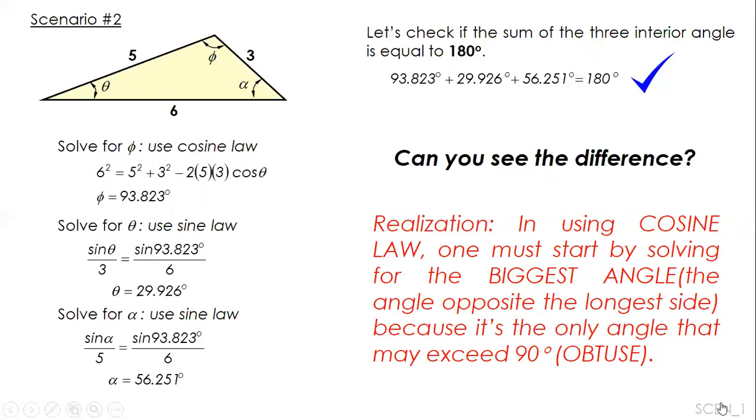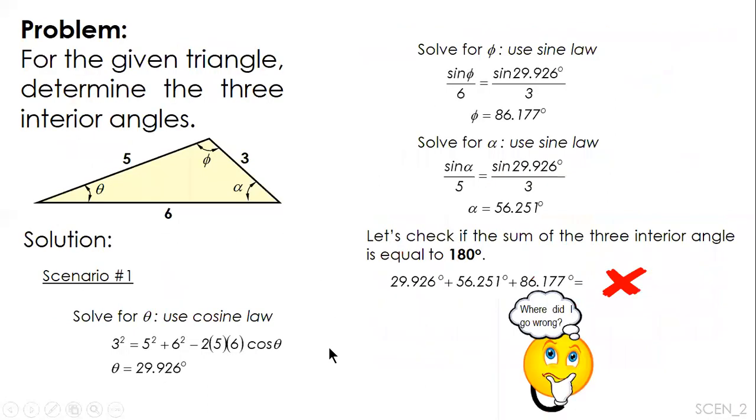Now, what I said earlier at the start, that even if the procedure is wrong, you can still get the correct answer. You solve for theta using cosine law. Next, you solve for alpha, and you will get this one.